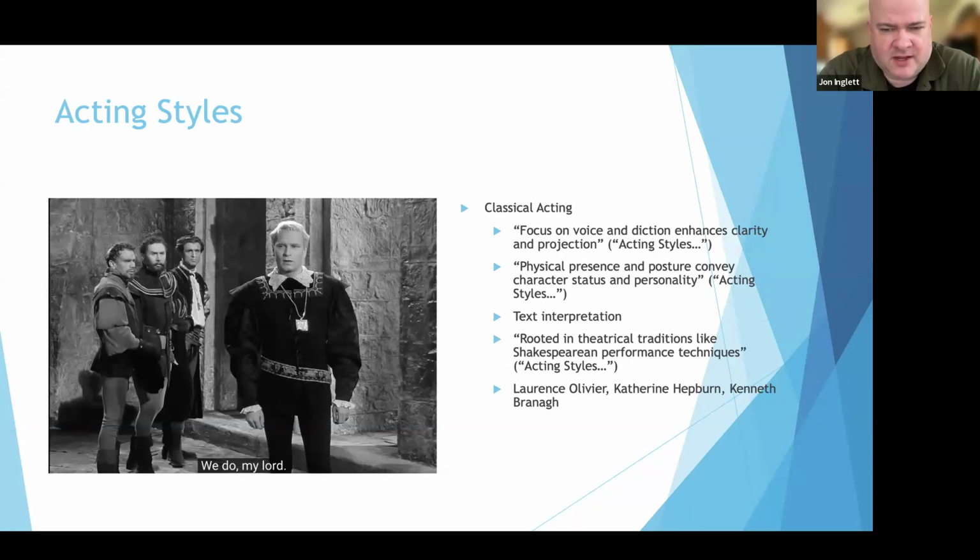They follow a text interpretation style and focus on the interpretation of a text. It's rooted in theatrical traditions like Shakespeare. Good examples of classical acting are Laurence Olivier, Katharine Hepburn, and Kenneth Branagh. Kenneth Branagh is a more modern example of classical acting. He plays a lot of Shakespearean characters.